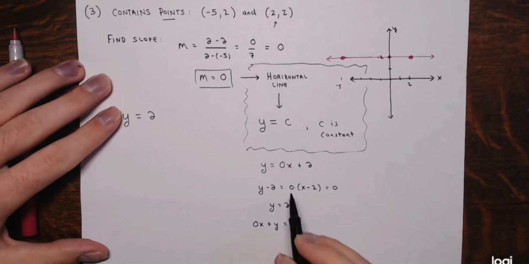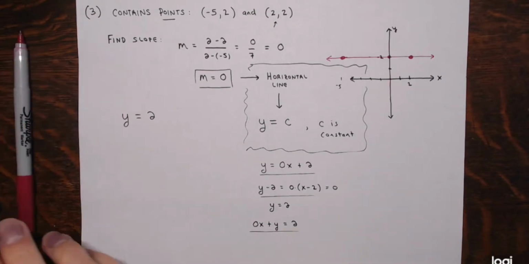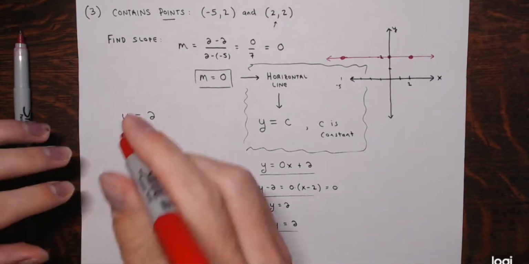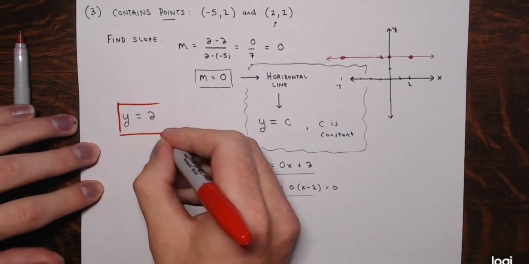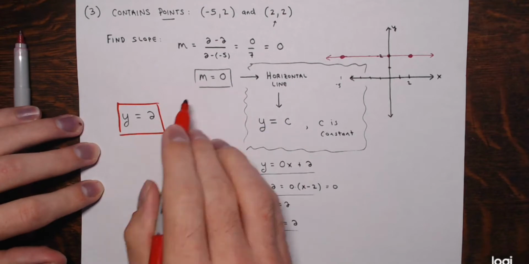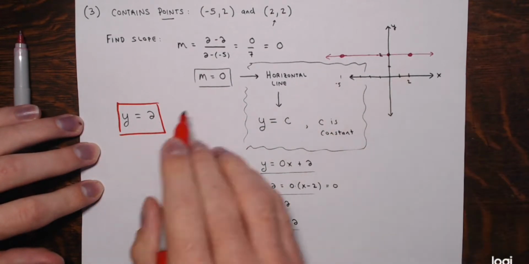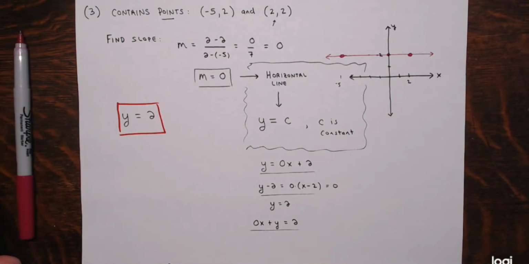So there's slope intercept form, point slope form, and standard form, but all of these boil down to just y equals 2. So for a horizontal line, slope of 0, it's just y equals the same number every time. Y is always equal to 2 here, and that's all you need to write.